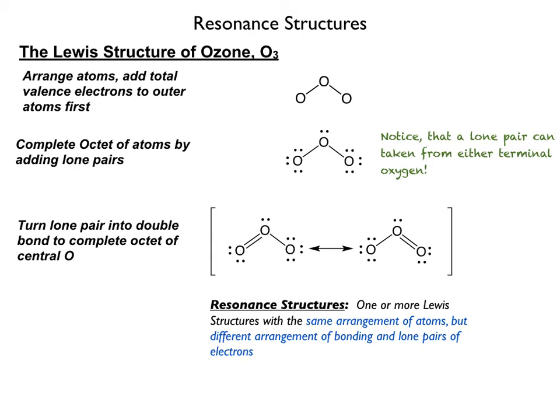All the atoms are in the same place, but some of the electron pairs have moved around. Whenever we draw resonance structures, as we'll see, we're going to use this format where we have a double-headed arrow in between the various resonance structures, and all of the resonance structures are put into brackets as shown.